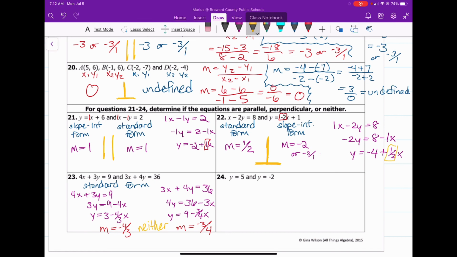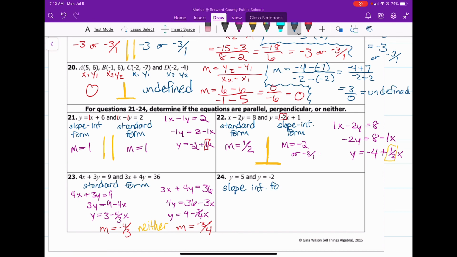Both of these don't have a slope. Let me say this, these are already in slope-intercept form. Both of them are already in slope-intercept form. Let's stay consistent with that.